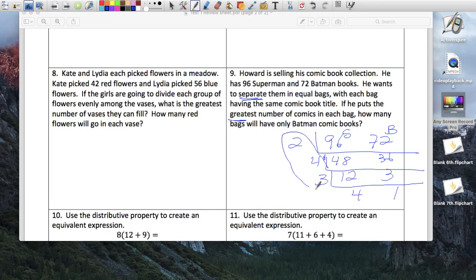There's shorter ways of doing it, so I'm just 2 times 4 times 3 is your GCF. 2 times GCF is your 2 times 4 times 3, which is 824. Did I do something wrong here? 4 goes into 48 3 times. Oh, yes, I did.